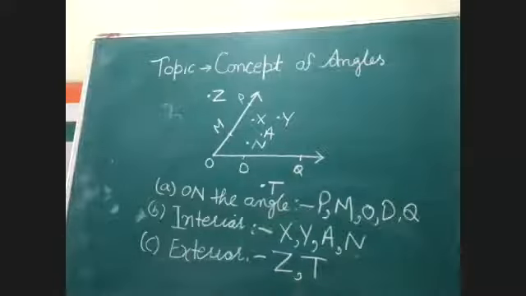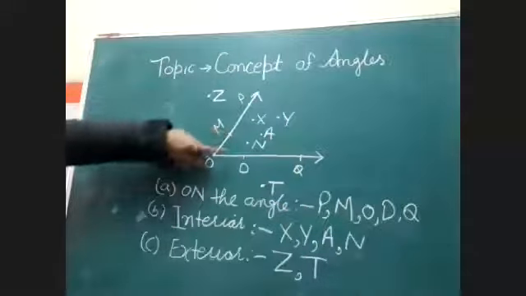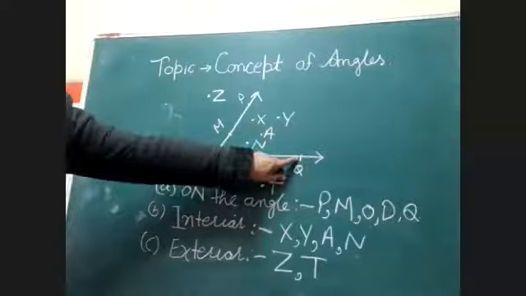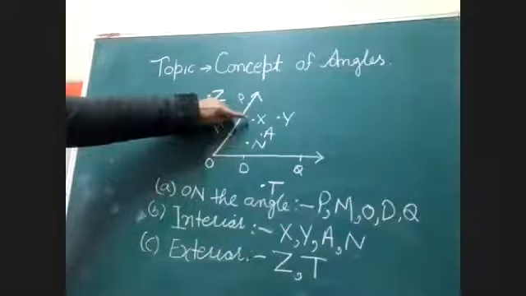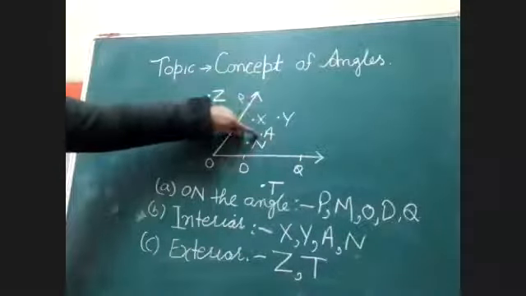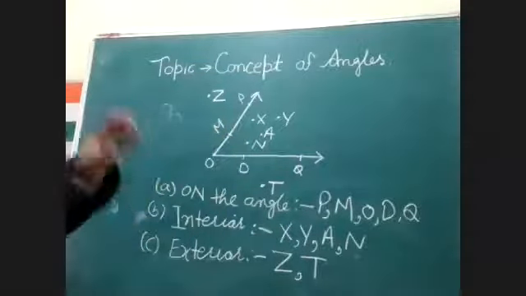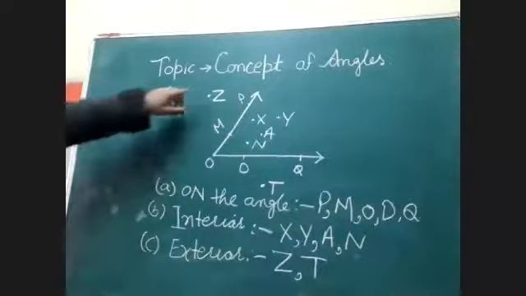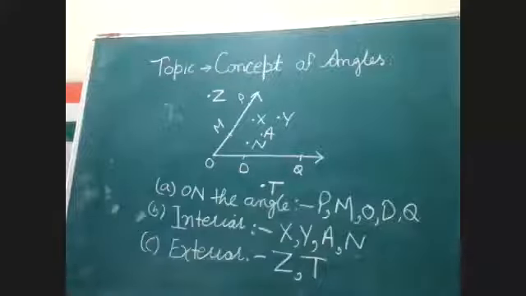Here, beta, first write the points which lie on the angle: P, M, O, D, and Q. Now the points which are interior of this angle: X, Y, A, and N. Now at last, the points exterior of this angle: Z and T. Yes, so this is the last question of this exercise.